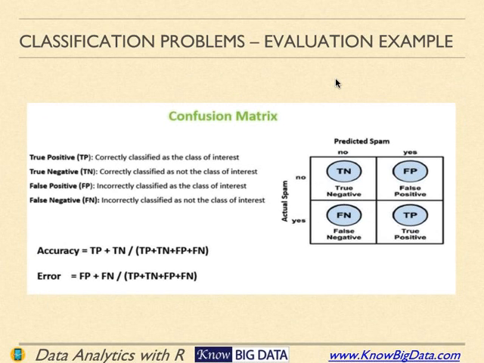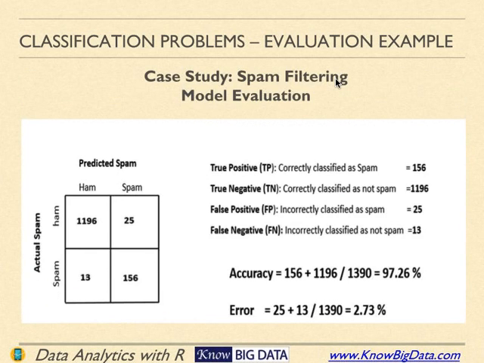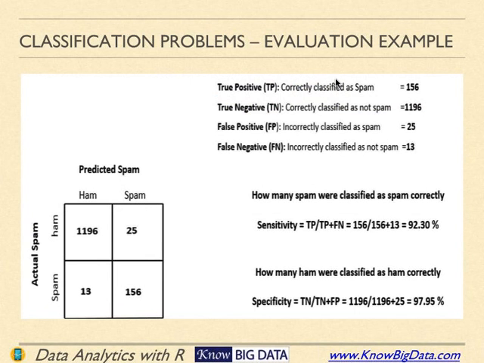Sensitivity means how many we predicted correctly, divided by those predicted correctly and also mispredicted incorrectly, the truly positive and false negative.